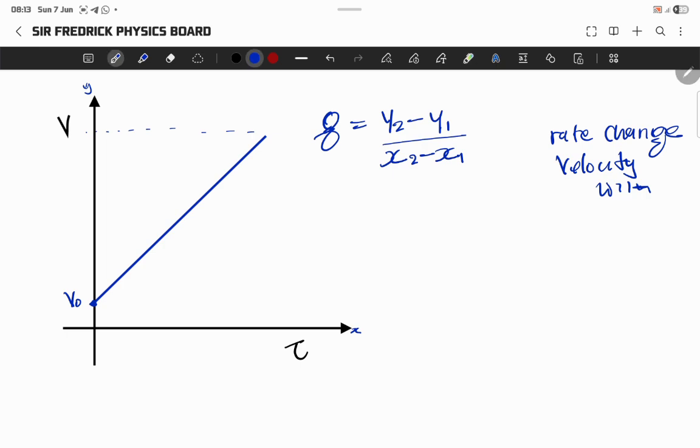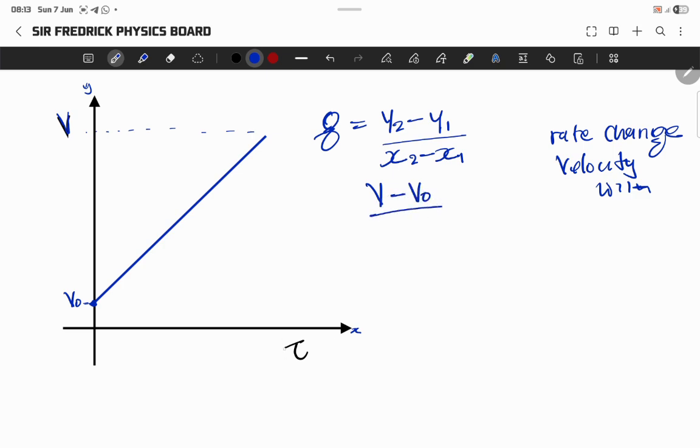And we know the symbol of acceleration, so we are going to replace. Where there is y2, we'll put our final velocity v. Where there is y1, the lowest value in our velocity column, is v0. So final velocity minus v0, our lowest value.